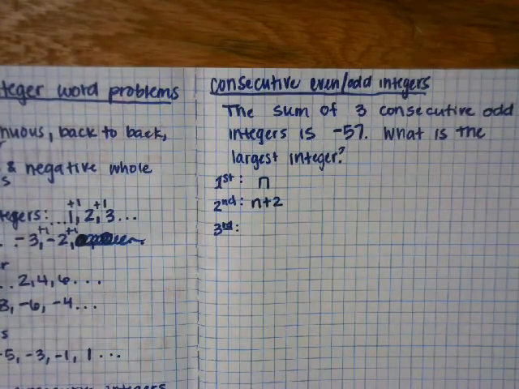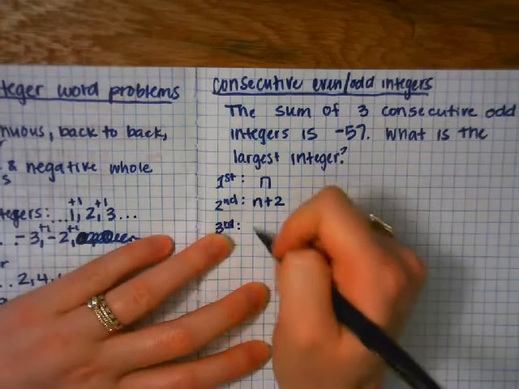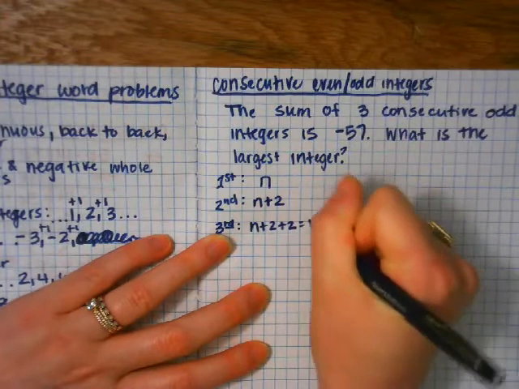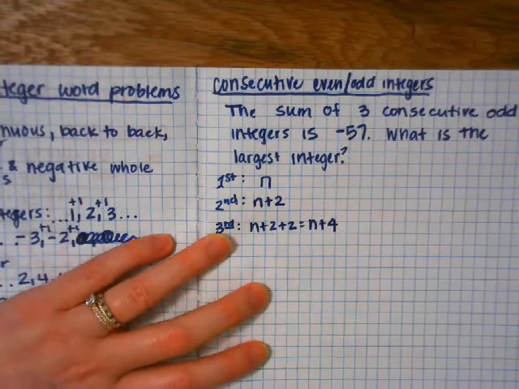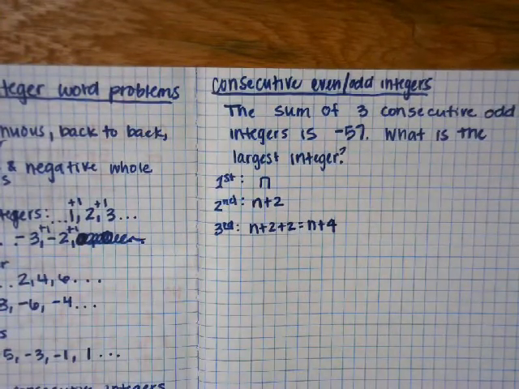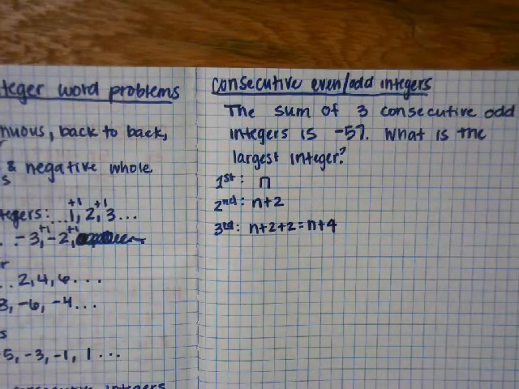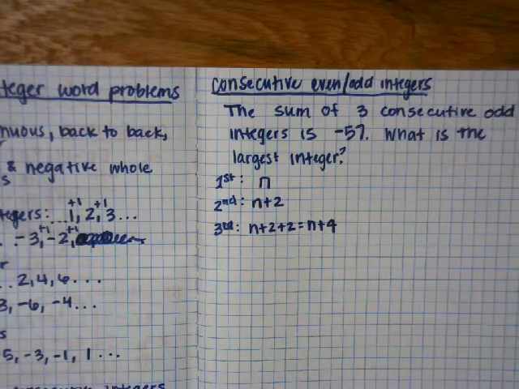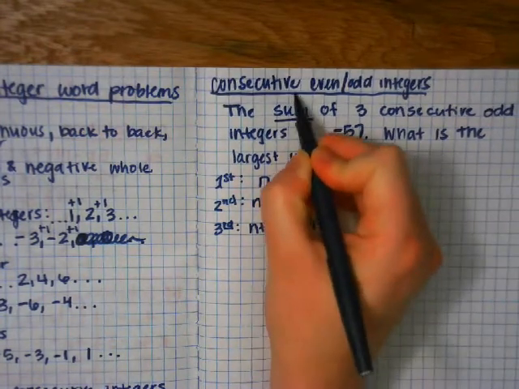And then for the next one, I need to add 2 more. So n plus 2 plus 2, which is also just n plus 4. Again, we're talking about the sum, that means add.